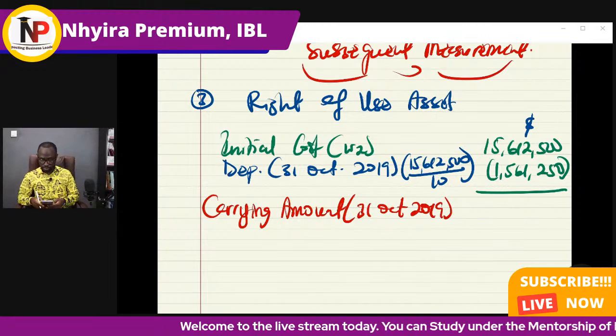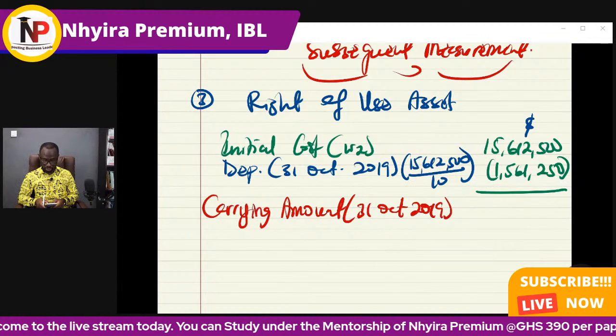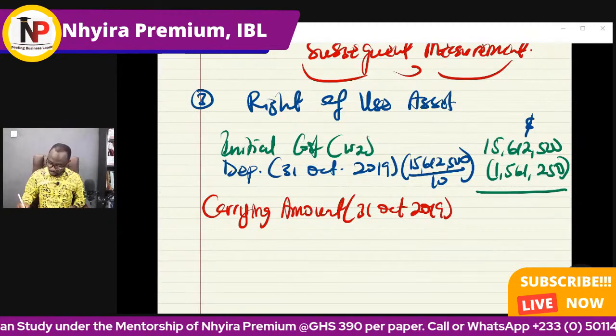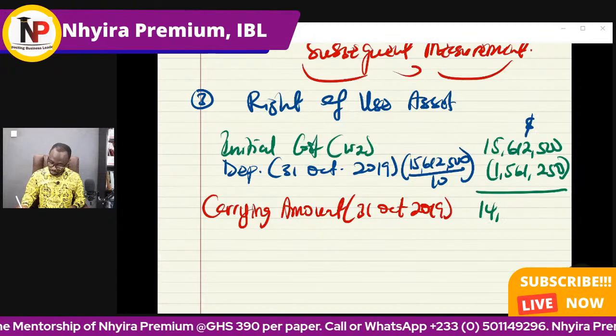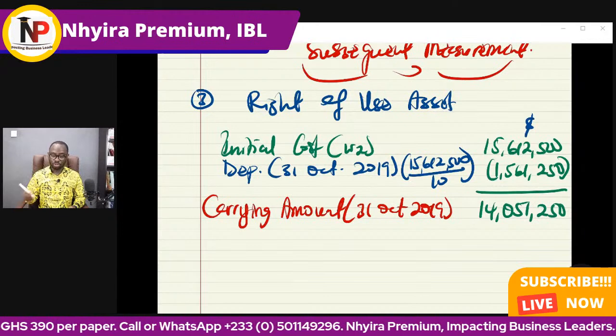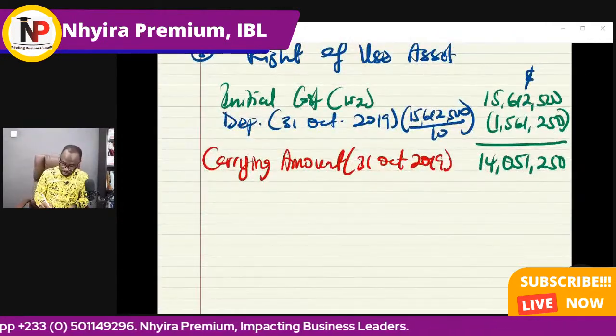So minus 15,612,500, I'm getting 14,051,250. So you can confirm that as well.